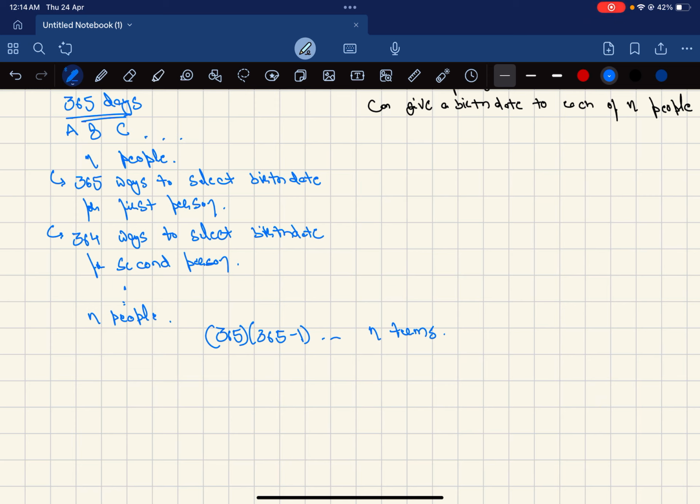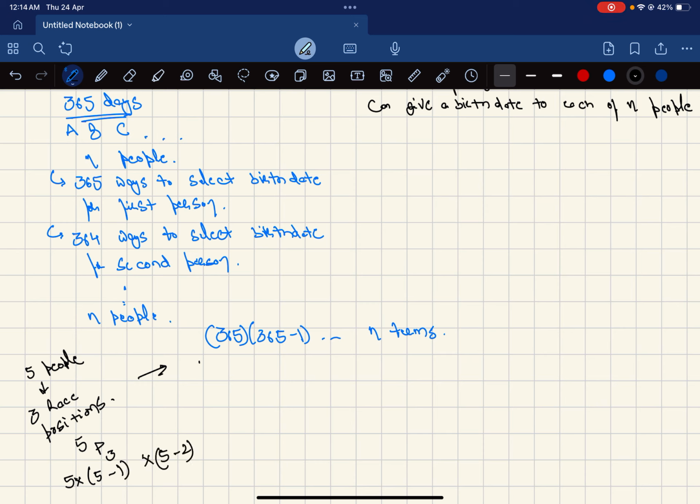Now, if you remember, in the case where we had 5 people and we were selecting 3 race positions, we calculated this as 5P3 since all the 3 positions were different from each other. So in this case we had 5 multiplied by 5 minus 1 multiplied by 5 minus 2.